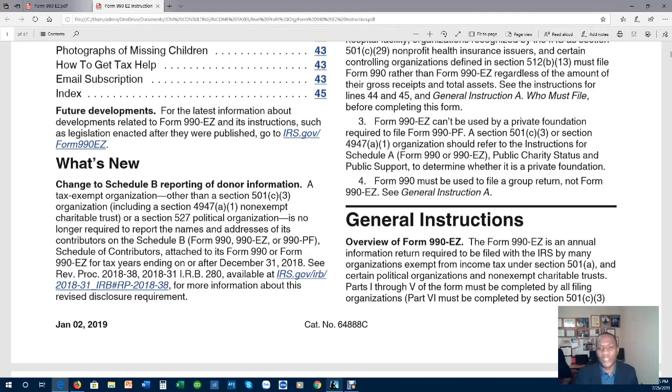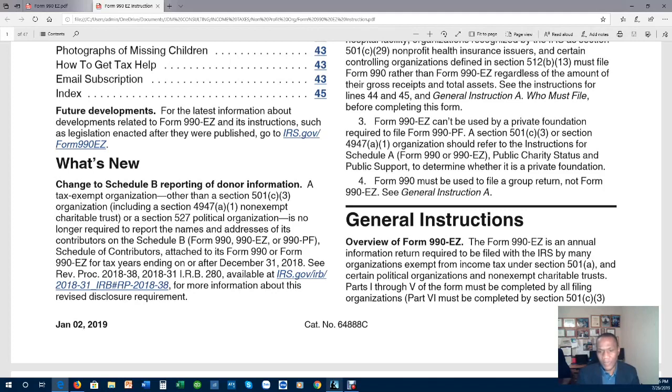Remember, originally on Schedule B, nonprofit organizations under Section 501(c)(3), Section 4947 nonexempt charitable trusts, or Section 527 political organizations were required to report the names and addresses of organizations and individuals that donate funds or financial assets to them.